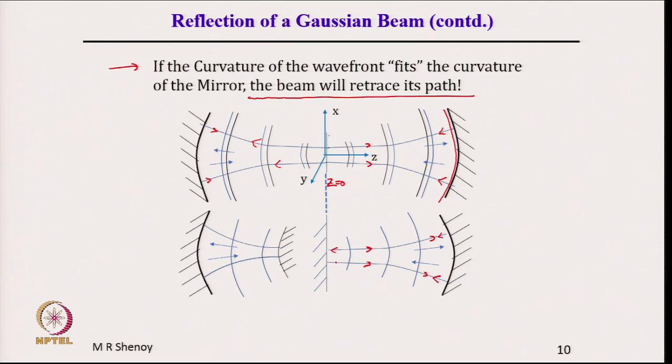As the beam approaches the mirror, its wavefront becomes plane, and therefore, the plane wavefront will fit the plane mirror here and will get reflected back again along the same line.